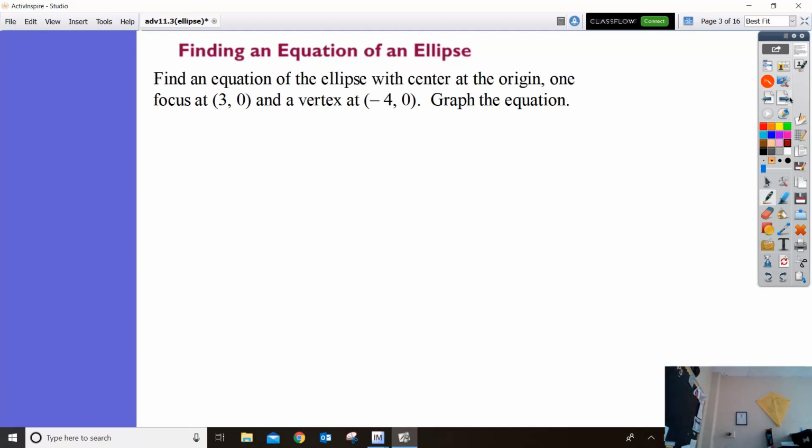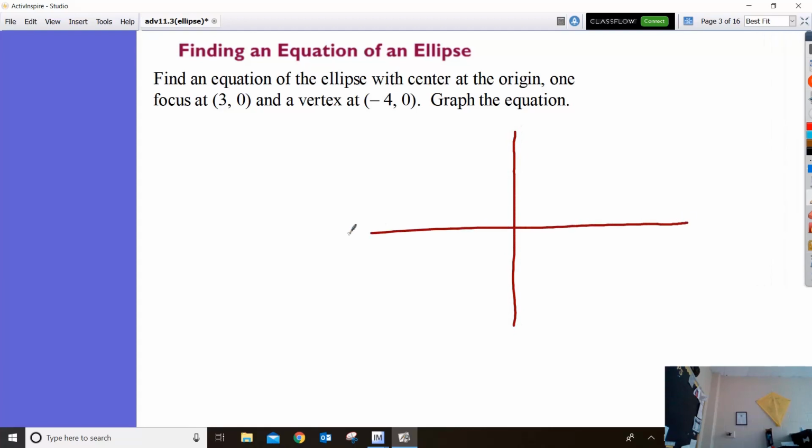Find an equation of the ellipse, the center at the origin, one focus at 3, 0, and the vertex at negative 4, 0, and then graph. Well, you should always start by graphing just so you know what you're dealing with. Make yours wide, because it's going to get bound up. Things really aren't that far apart. You'll see that as we get to graphing. So I'm going to make my tick marks fairly wide. Otherwise, it's going to get too close to each other.